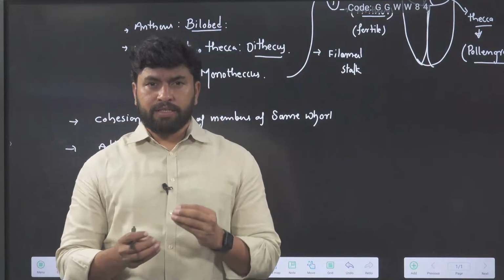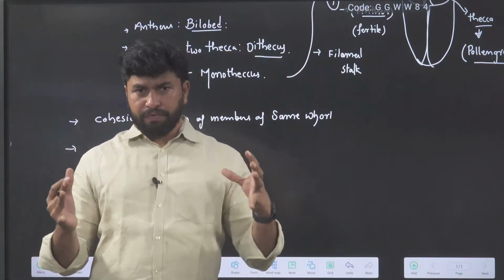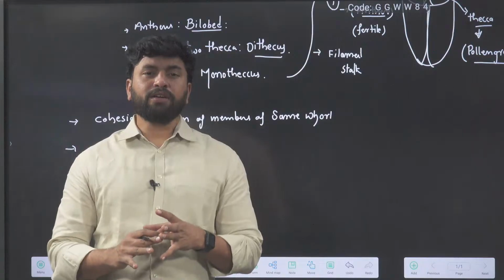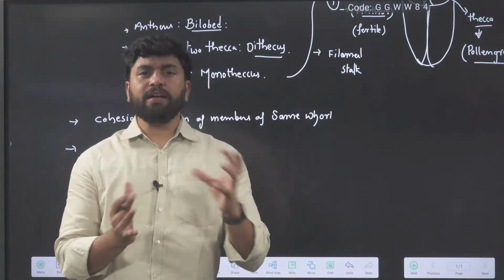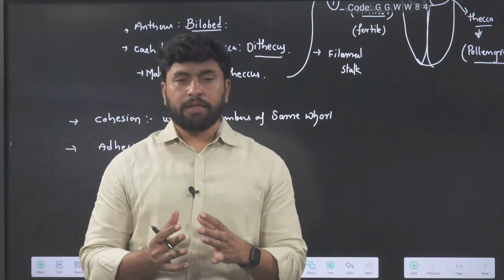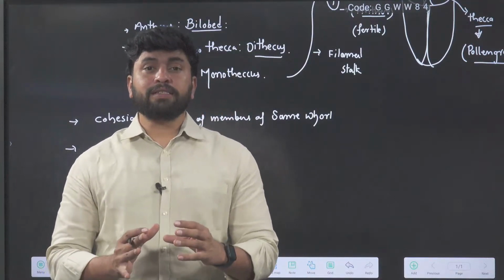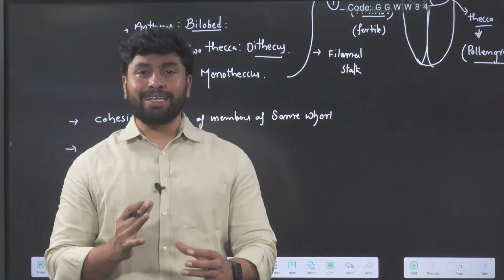Next one. In some cases, sepals and petals fuse together. They are not distinct. If they are not distinct, that condition we call perianth. The members of the perianth we call tepals. Tepals are the result of adhesion.